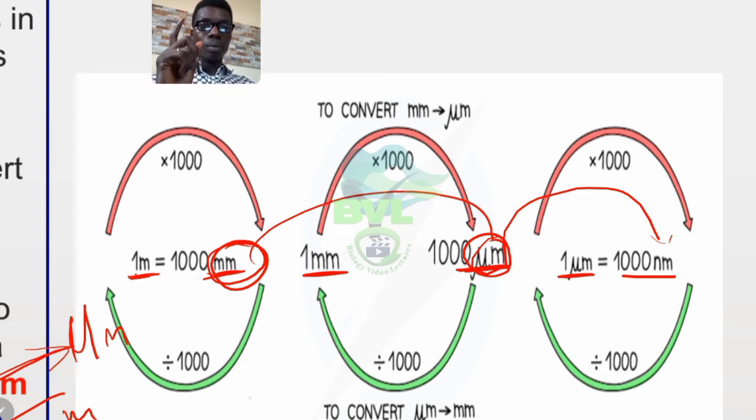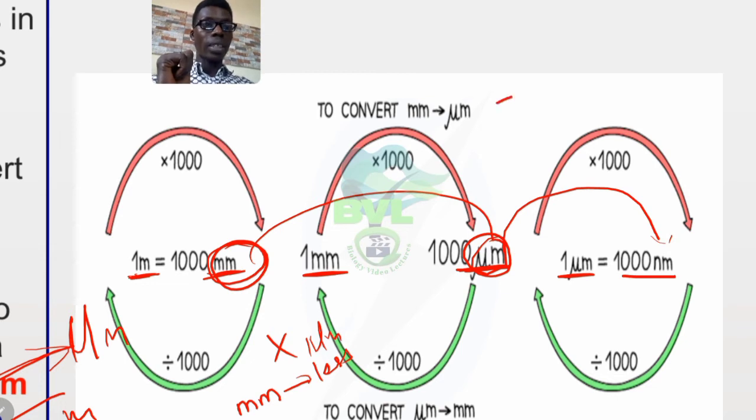So if that's the case, anytime we are converting from a bigger unit to a lesser unit, for example from millimeter to micrometer, you will multiply. What do I mean?